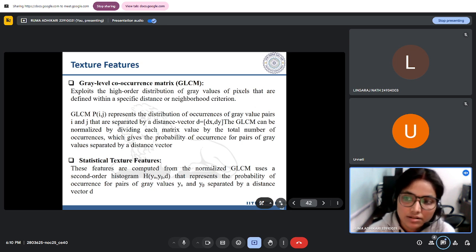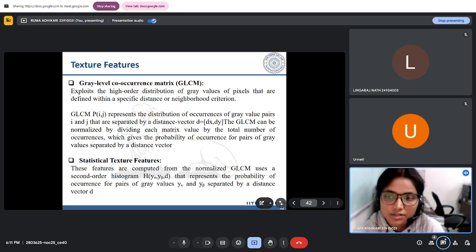So GLCM, suppose one point P with location i and j, represents the distribution of occurrences of gray value pairs i and j that are separated by a distance vector d, that is dx, dy. The GLCM can be normalized by dividing each matrix value by the total number of co-occurrences, which gives the probability of occurrence for pairs of gray values separated by the distance vector.